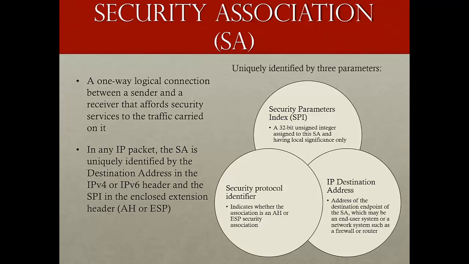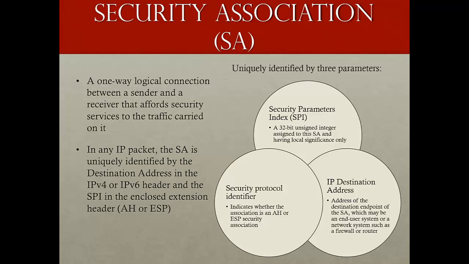This is the address of the destination endpoint of the SA, which may be an end user system or a network system such as a firewall, router, or VPN server. Security Protocol Identifier. This field from the outer IP header indicates whether the association is an AH or ESP security association.